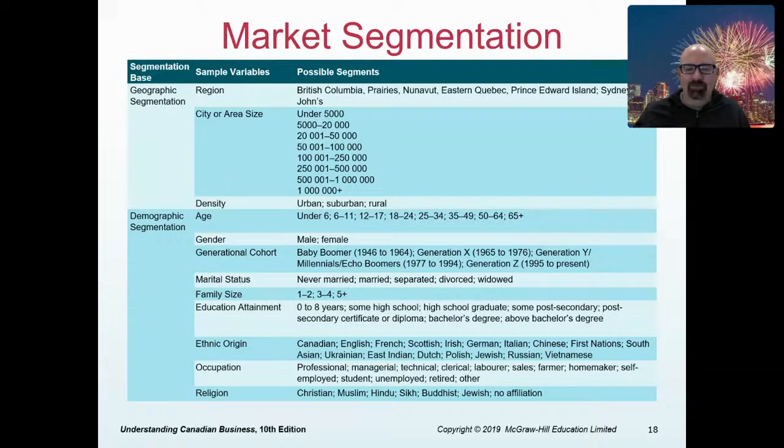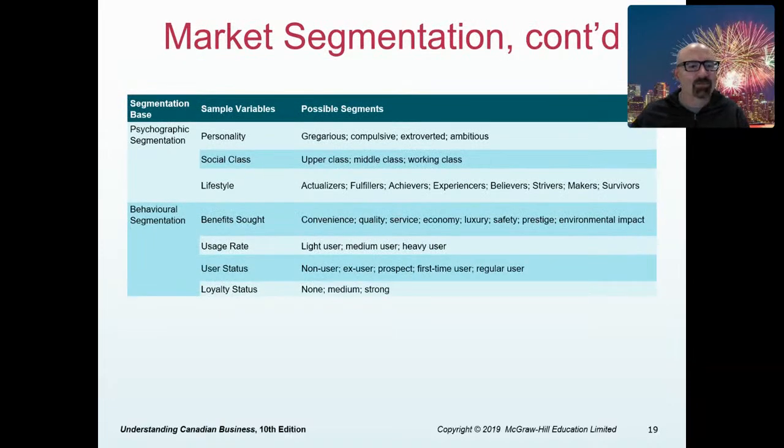And religion, again, people of certain religions tend to behave similarly to people of that same religion. Okay, tend to. Again, listen to the words. What else? Psychographic segmentation, a little deeper here. What type of personality type are you? Are you extroverted? Are you introverted? Are you ambitious? Are you super outgoing?